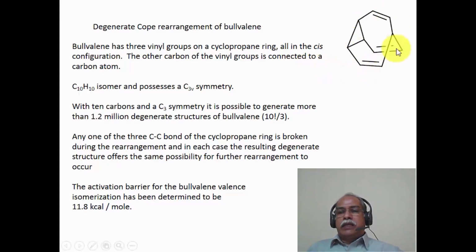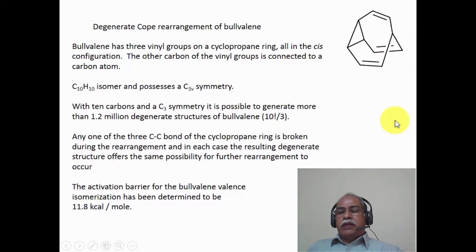Similarly, if one studies the carbon-13 NMR spectrum of this molecule at various temperatures, at very low temperature one would see 1 carbon signal for the cyclopropyl carbons, 1 carbon signal for these vinyl carbons, 1 carbon signal for the other vinyl carbons, and finally 1 carbon signal for the methine carbon.